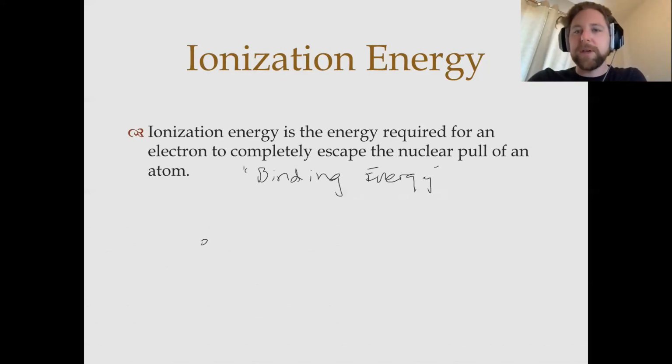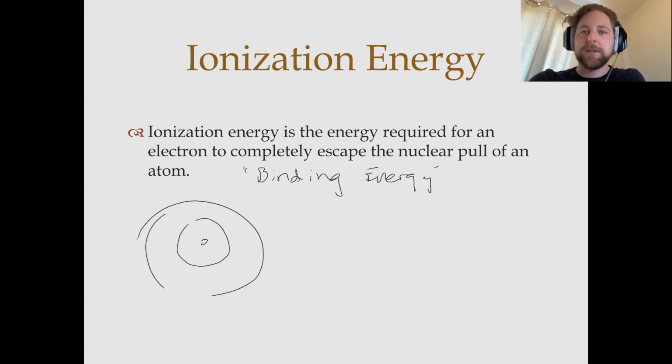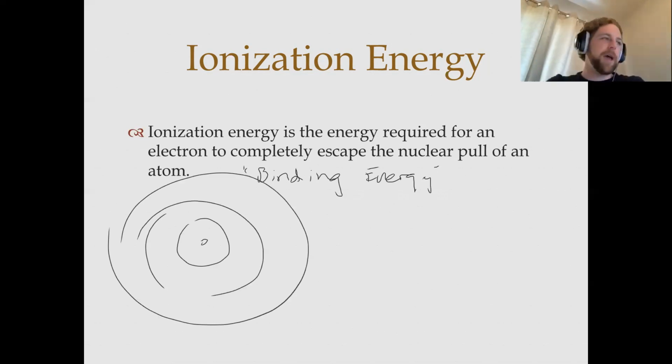And what you could expect is, let's say we have an atom with 3 energy levels, let's say sodium, which has 1 valence electron, and then 2 full inner orbitals. We have n equals 1, 2, and 3 as far as the number of energy levels. The distance from the nucleus directly affects the binding energy.